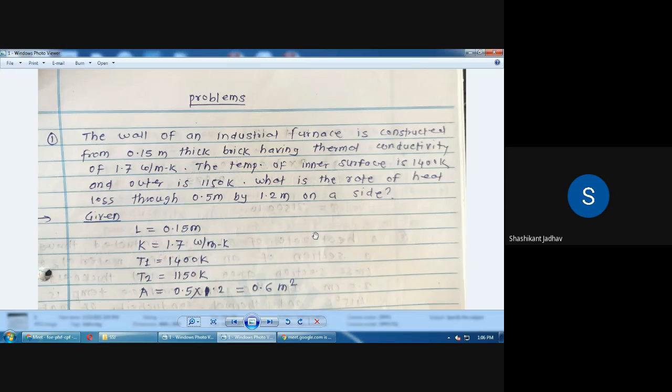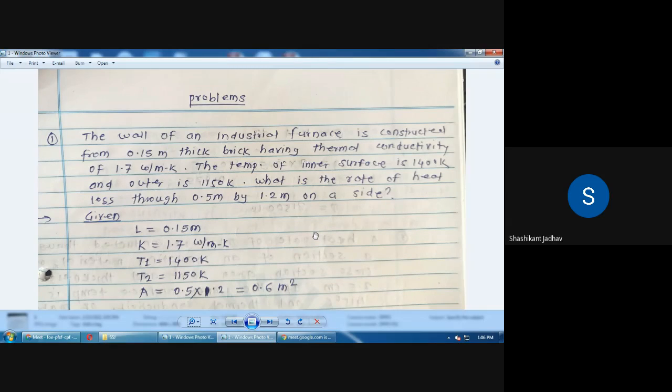And heat loss through 0.5 meter by 1.2 meter on a side. Heat loss takes place from the inside surface to the outside surface, so we have to find the area which is normal to the heat flow direction, that is the surface area of that particular wall.